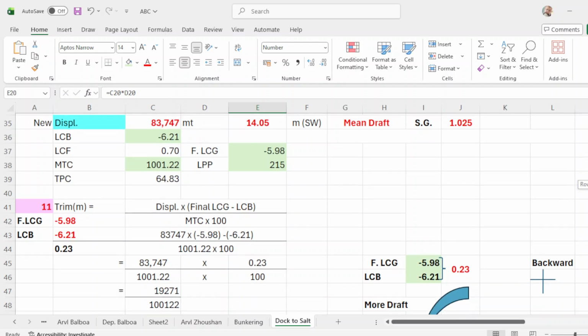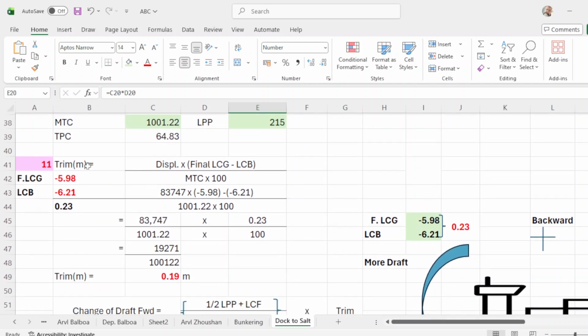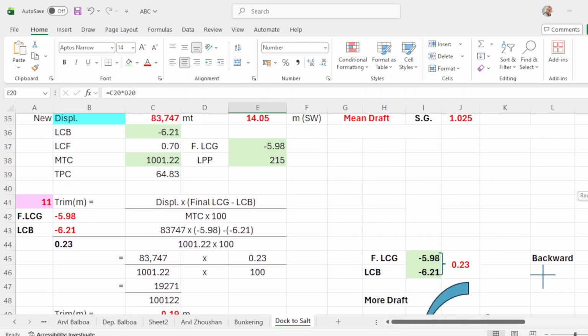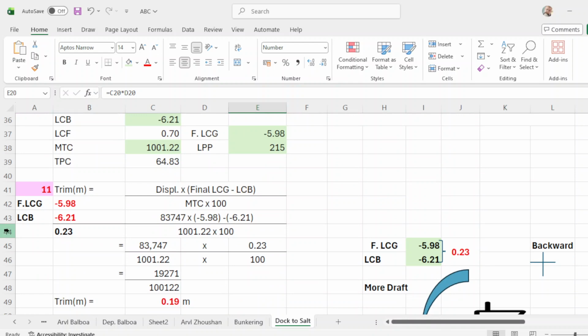So number 11, to find the trim is equal to displacement times final LCG minus LCB over MTC times 100. So your final LCG is negative 598, which is this one. Okay, and your LCB is negative 621. Final LCG minus LCB, you minus this one, and the resultant will be 0.23.